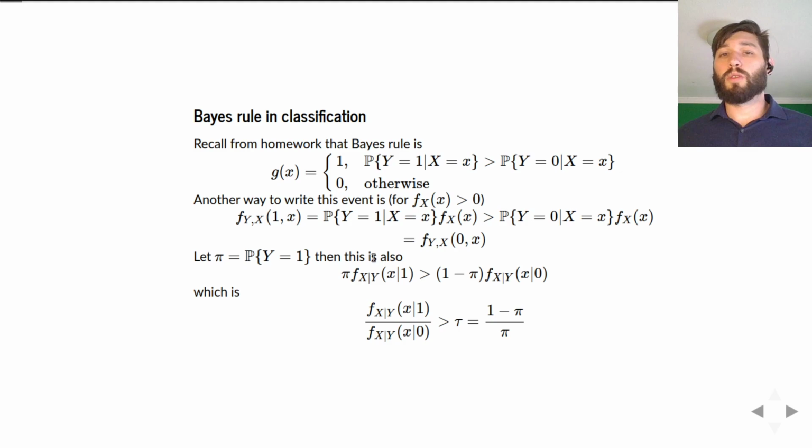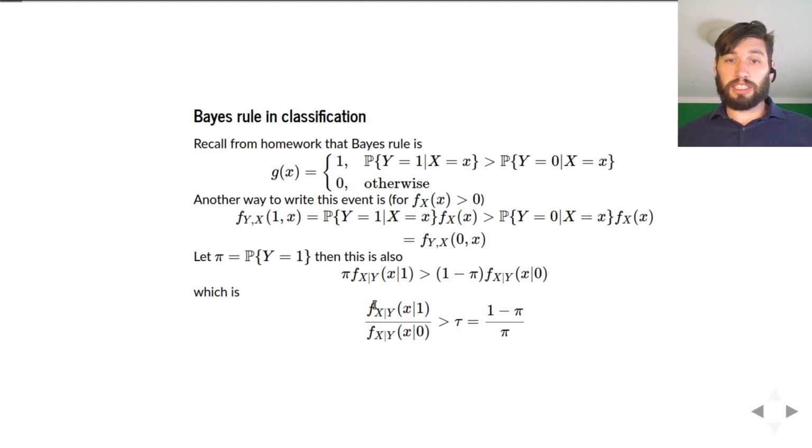X conditional on 1, and that's the left-hand side of this joint distribution. And then we have the right-hand side of the joint distribution, but now instead of probability y equals 1, we have probability that y equals 0, which is 1 minus pi. So this is now another expression for the Bayes rule.